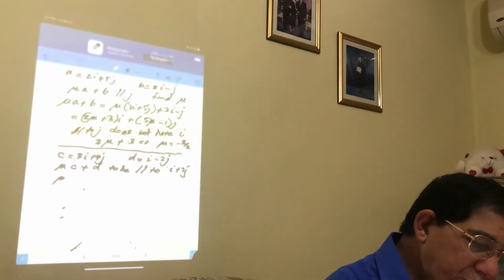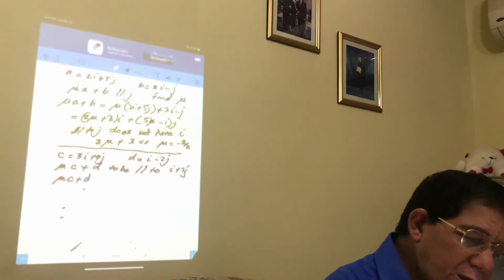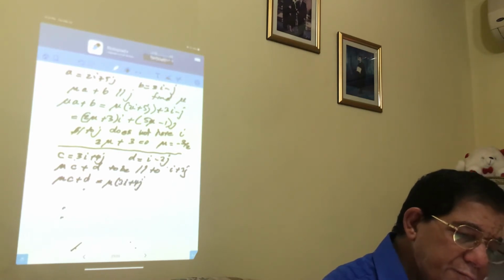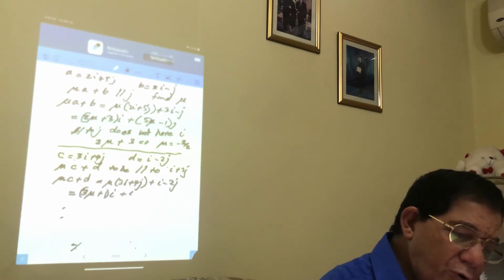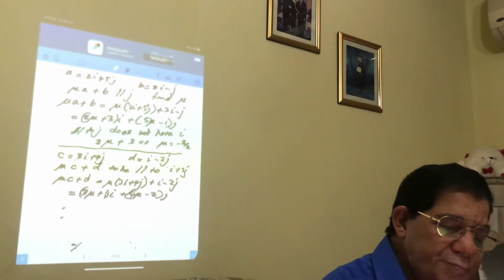Mu C plus D equals mu times 3i plus 4j plus i minus 2j, which equals 3 mu plus 1 i plus 4 mu minus 2 j.